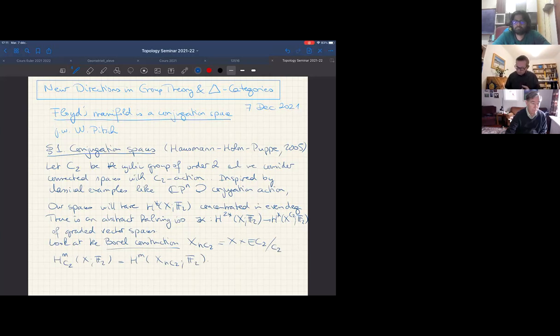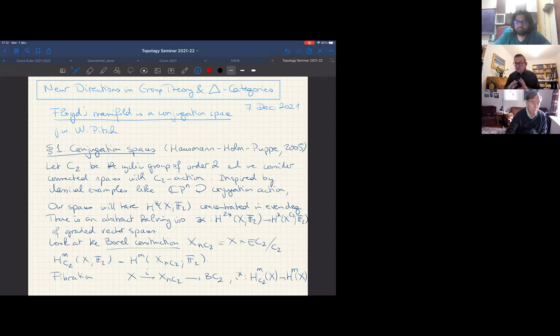So before giving the definition of a conjugation space, notice that we have a fibration X_hC2 fibers over BC2, and the fiber is X. And when we look at the fiber inclusion map, i star gives us a map from Borel cohomology of X to the cohomology of X. For space reasons I didn't write down the coefficients, but throughout the whole talk, coefficients will always be in F2, the field of 2 elements.